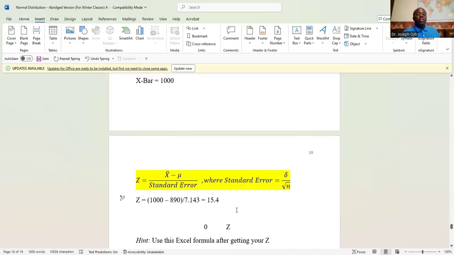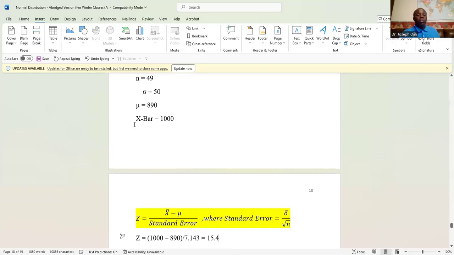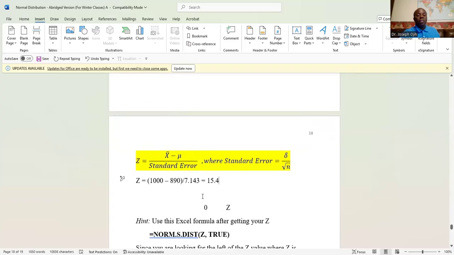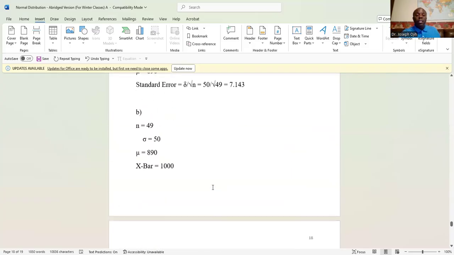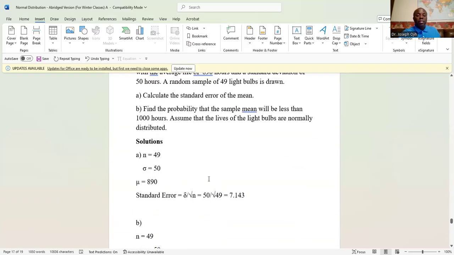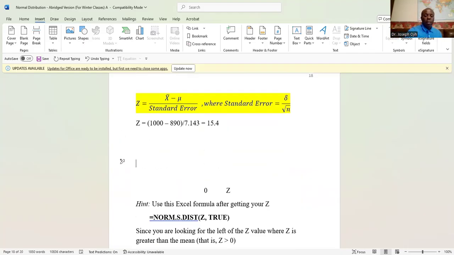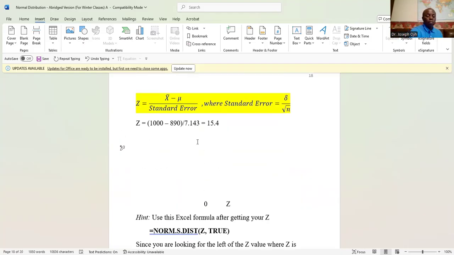Now note that it's no longer X, it's now a Z. And it's no longer 1000, it is now 15.4, which means the probability that the mean will be less than 1000 hours becomes the probability that Z is greater than 15.4.